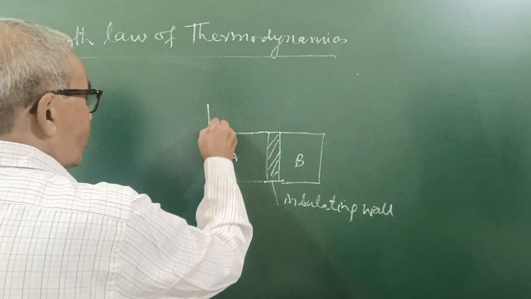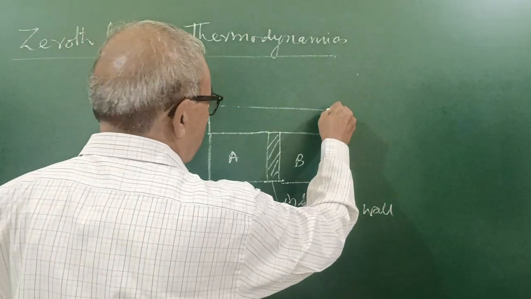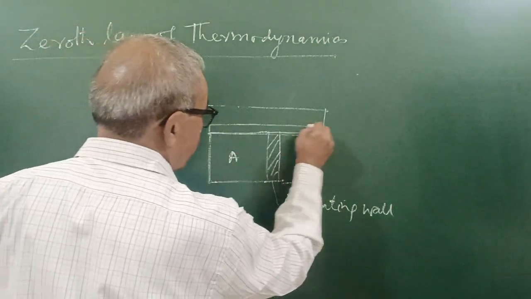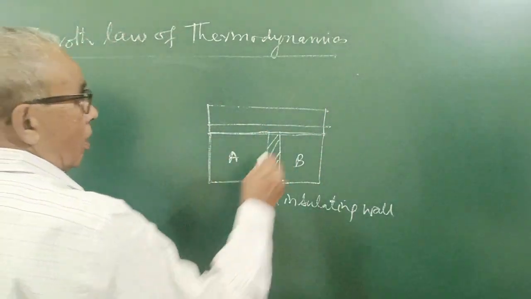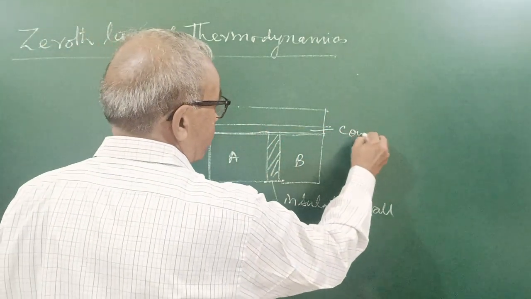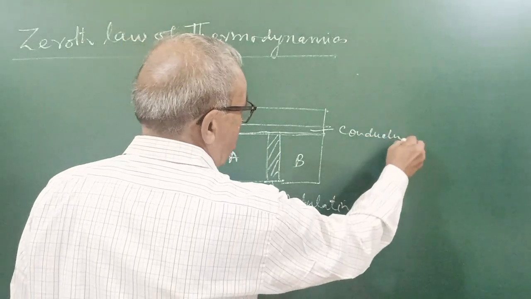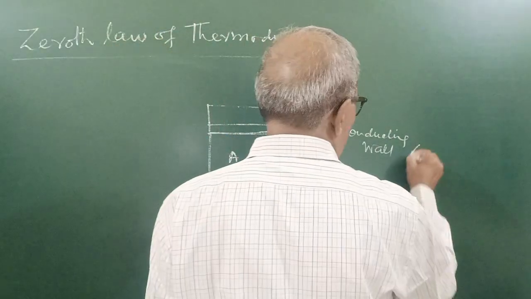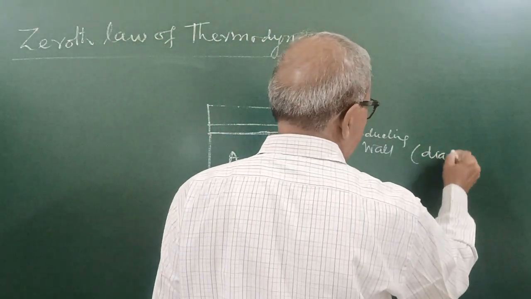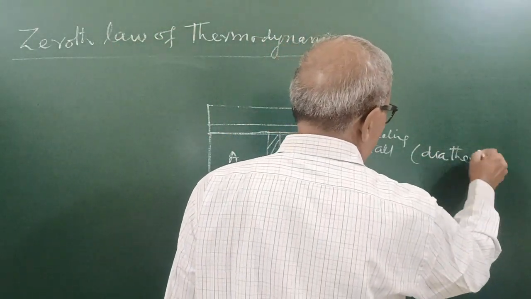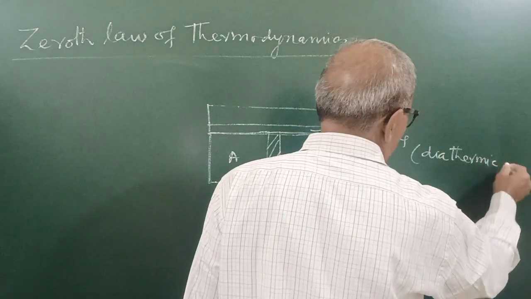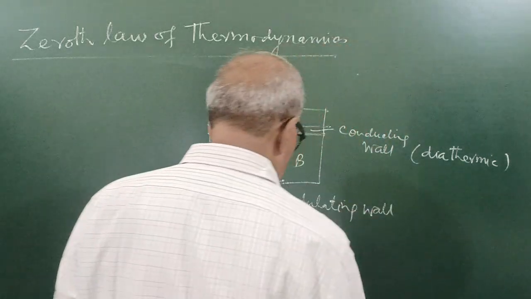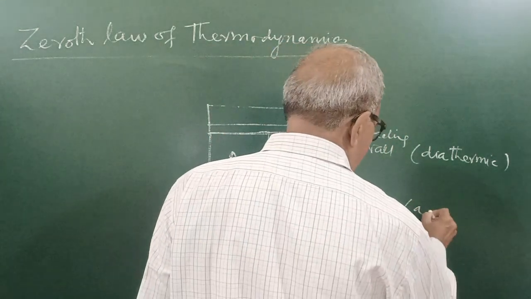They are placed in thermal contact with another system C, through a conducting wall, also called a dithermic wall. Please note these topics: dithermic, or an adiabatic wall.